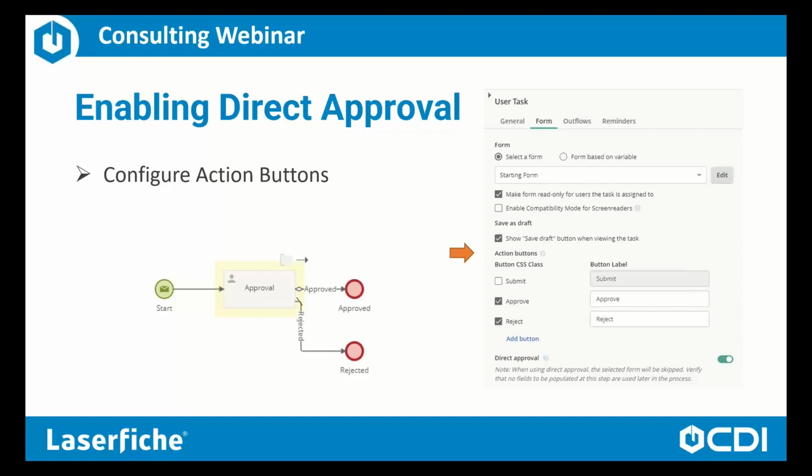We can customize the button CSS class in Laserfiche Cloud, and we can also customize our button labels. To enable direct approval, all we need to do is click on our toggle next to direct approval to slide it over to the right and turn it green. This will then enable direct approval on this approval step in Laserfiche Forms.